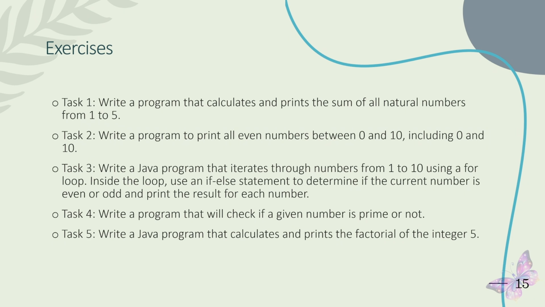And based on what you are trying to do, for example here in the task, write a program that calculates and prints the sum of all natural numbers from 1 to 5. Based on your task, the condition of the program always changes. One program you can write in different ways.